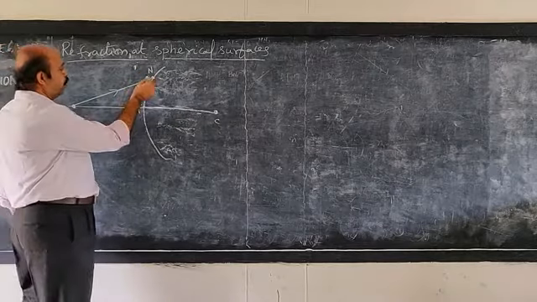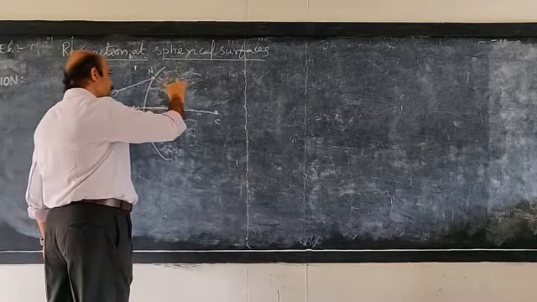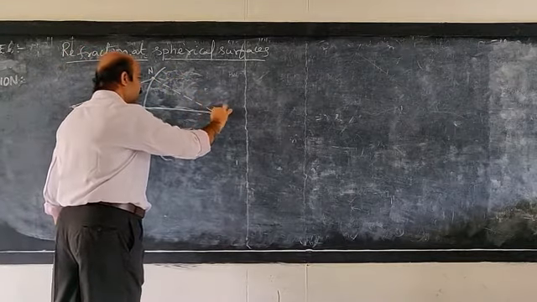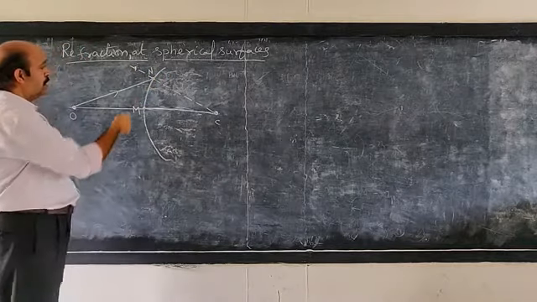Now we know that the line joining N and C is the normal at N drawn to the surface.